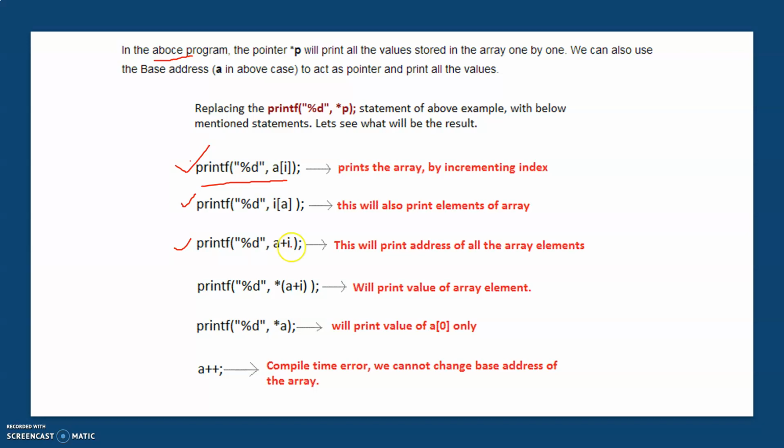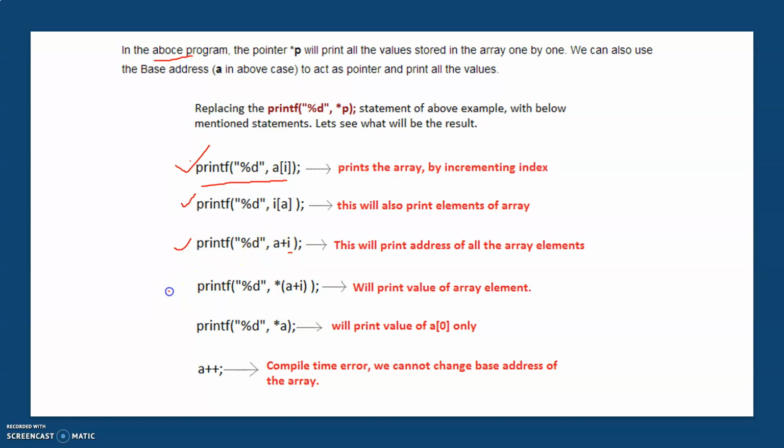It is like saying this person lives in Salt Lake. Who is the person? A. That means if I am getting the location or the index, in this flat, in this apartment, when I say this is the person, that means I am getting the address of that particular element.